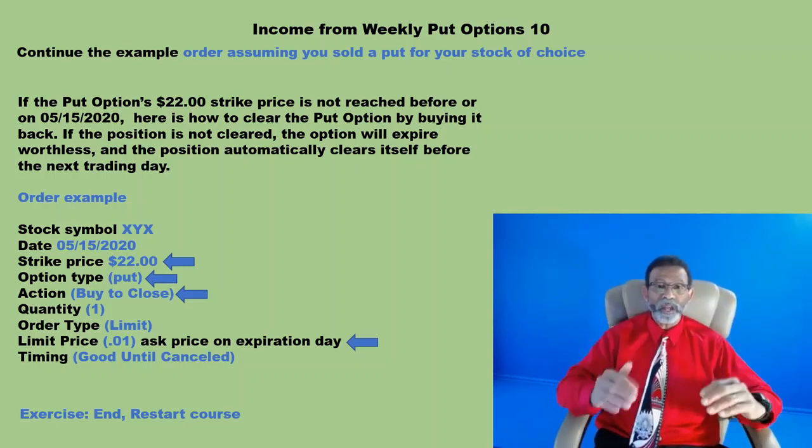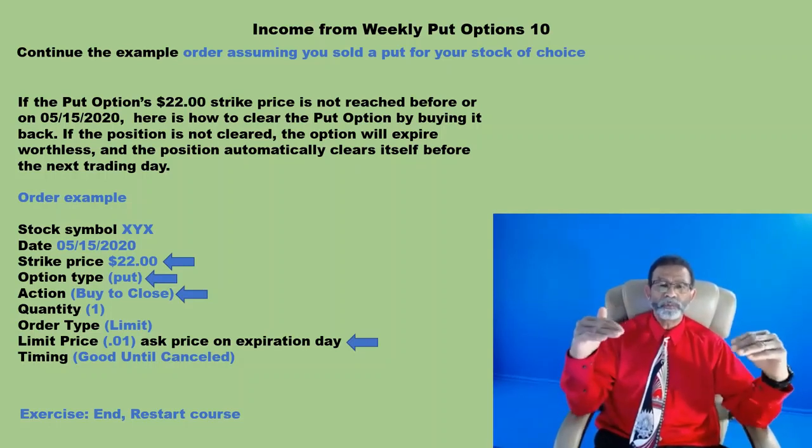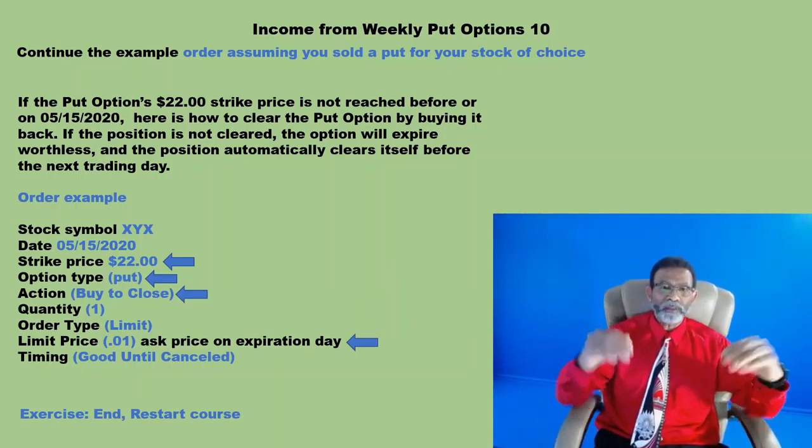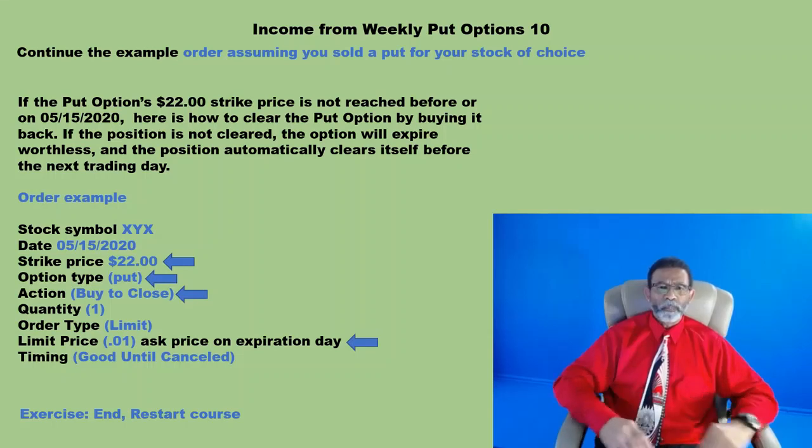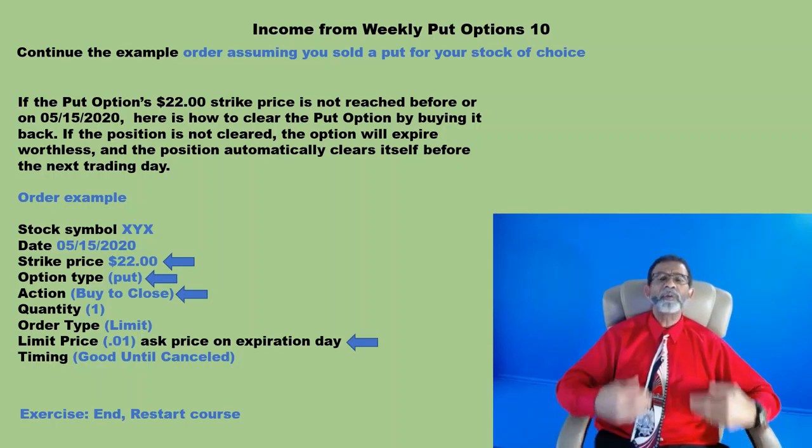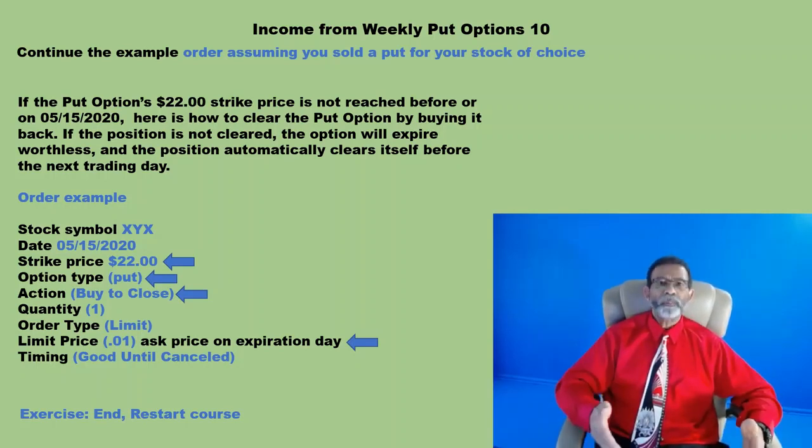You clear the obligation for you to satisfy the put option's requirements. So by buying it back, you are giving yourself an opportunity to sell another put option if you choose to do so.